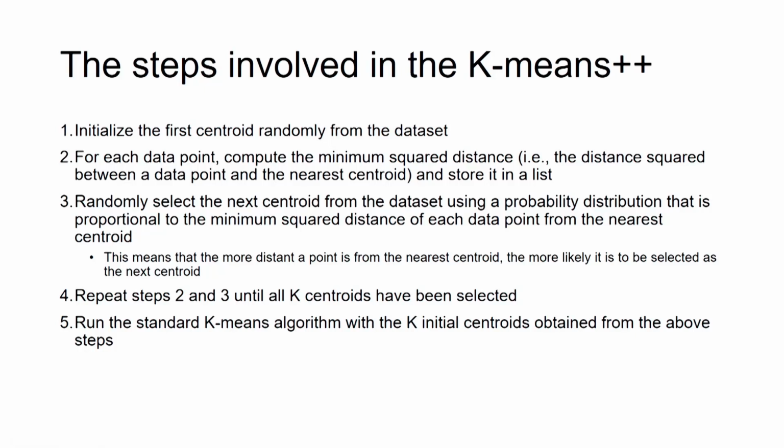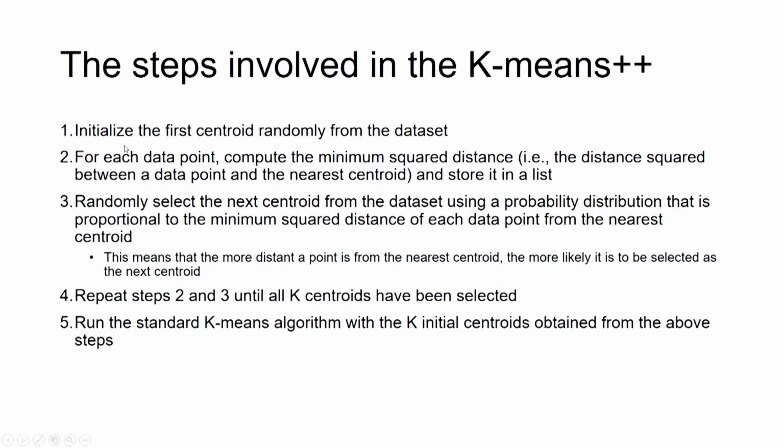These are the steps of the k-means plus plus algorithm. First of all, initialize the first centroid randomly from the data set. If we are assuming there are 3 clusters or 5 clusters, then the first centroid we will choose randomly only, as we have done in the k-means algorithm.